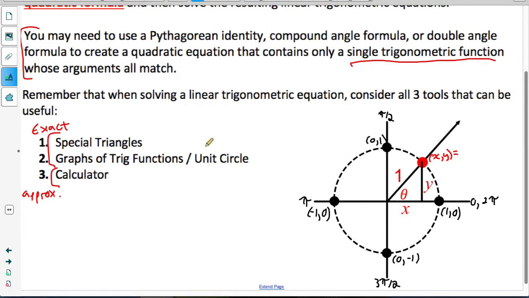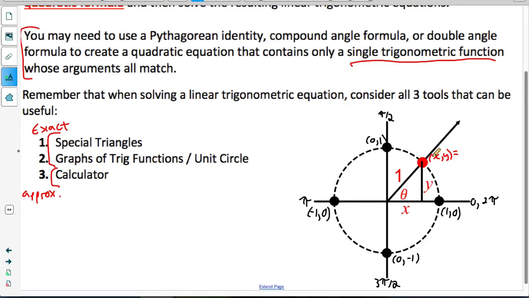I put a reminder here about what the unit circle is. If we have a terminal arm that rotates some angle theta, the xy coordinates of where that terminal arm intersects the unit circle, a circle with radius 1, tell us the cosine and sine ratios of that angle. Cosine theta equals adjacent over hypotenuse, x over 1, which is just x.